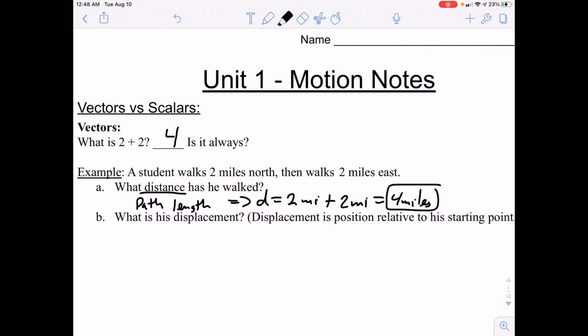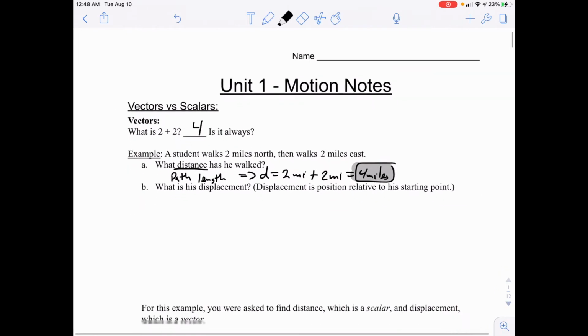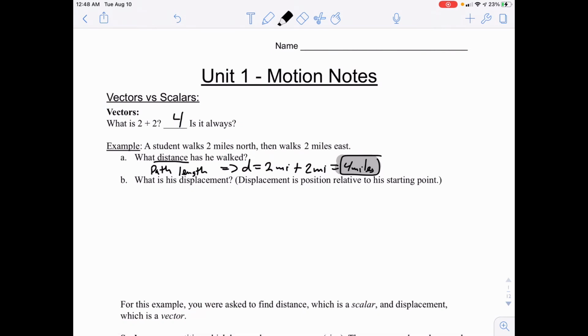Right? That's the distance. Now, the displacement, on the other hand, is the change in position from starting point to finish line. And remember your directions. North typically goes up on a map, south goes down, east goes to the right, and west goes to the left.